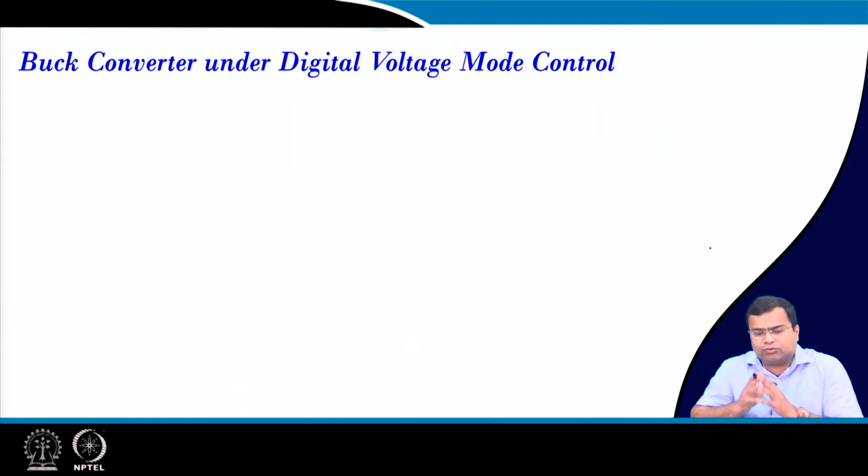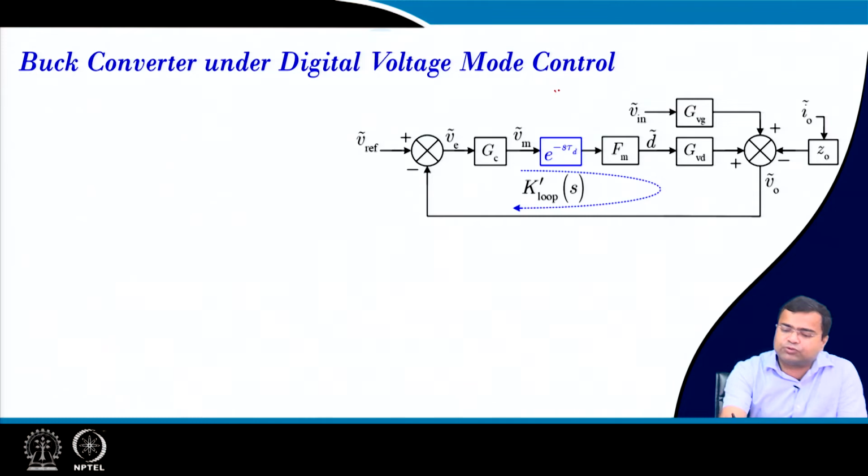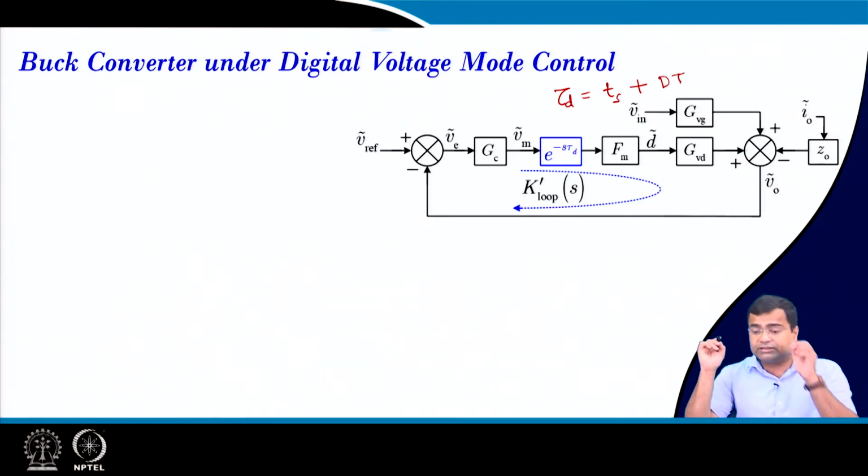Now, under voltage mode control, we are talking about digital voltage mode control, and we have discussed in lecture number 40 that if we incorporate the delay, that means e to the power minus s tau d, and this delay is due to our ADC conversion time plus our dPWM delay which is d into T, where d is the duty ratio.